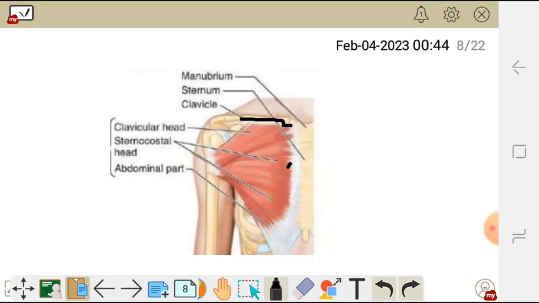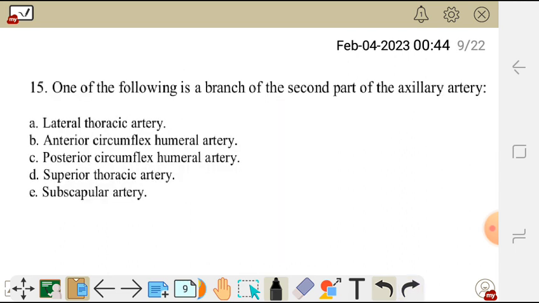So we move on to question 15. One of the following is a branch of the second part of the axillary artery. A, lateral thoracic artery, B, the anterior circumflex humeral artery, C, the posterior circumflex humeral artery, D, superior thoracic artery, and E, the subscapular artery.